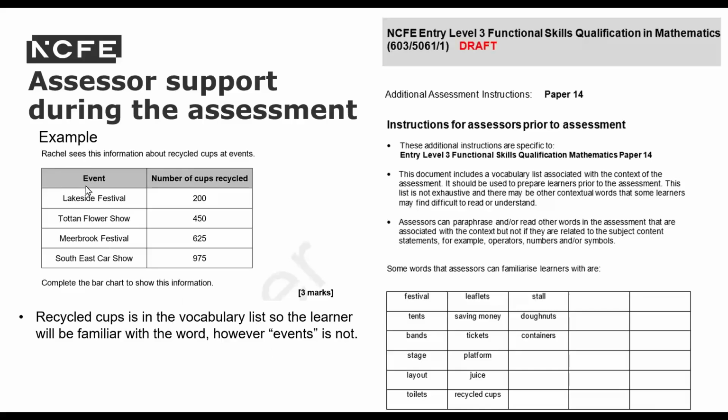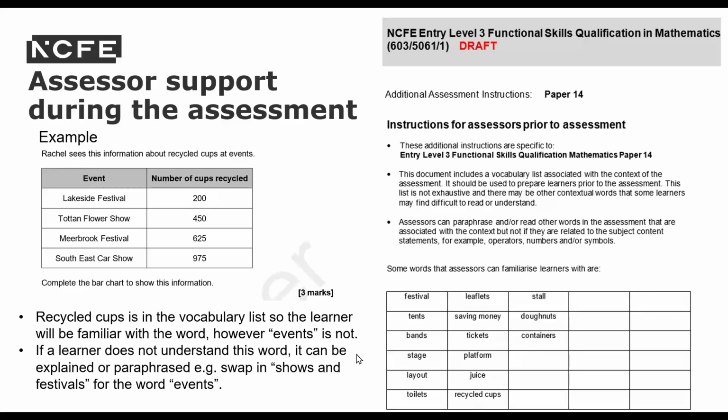However, the word event is not in the vocabulary list. So if your learner does not understand the word event, you may want to paraphrase. So as an example, you could say, Rachel sees this information about recycled cups at different shows and festivals.